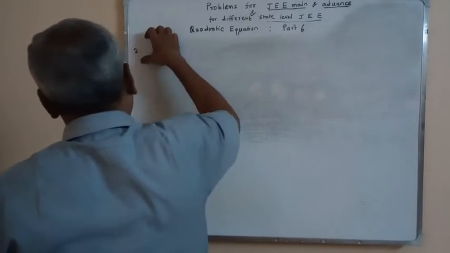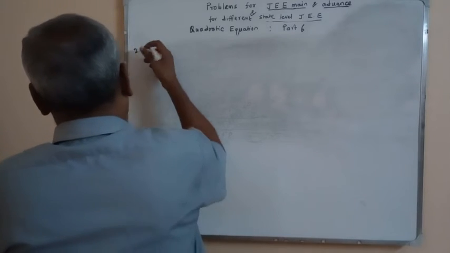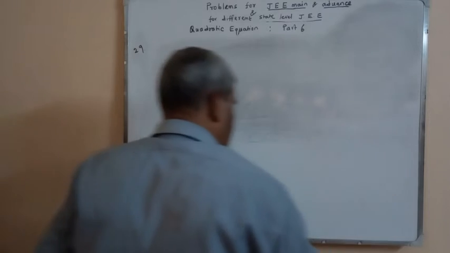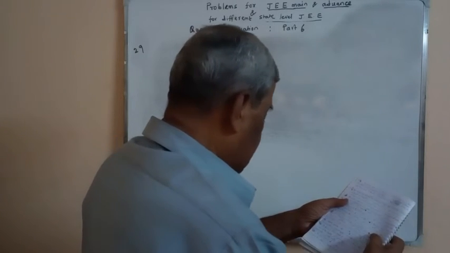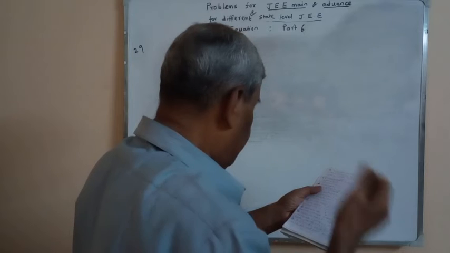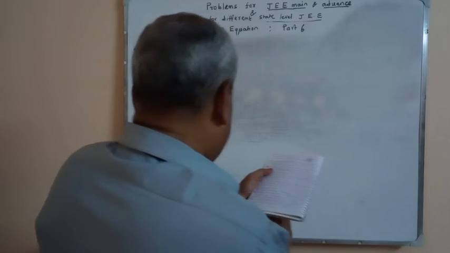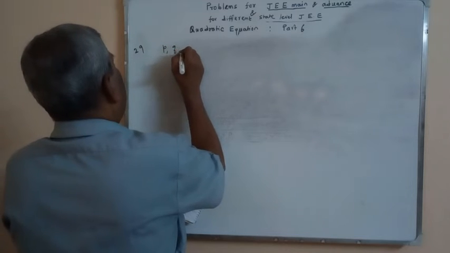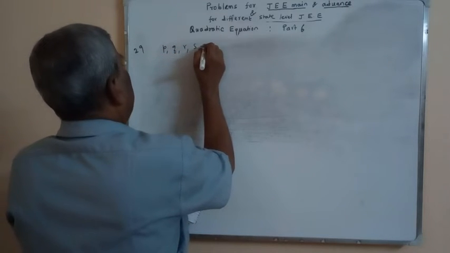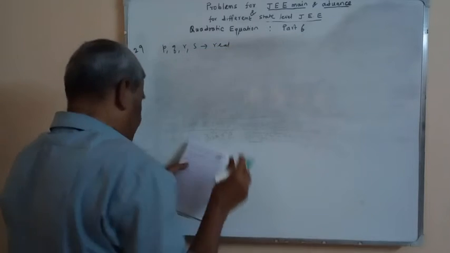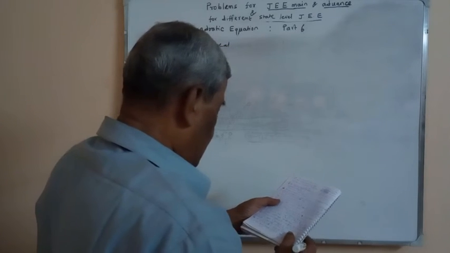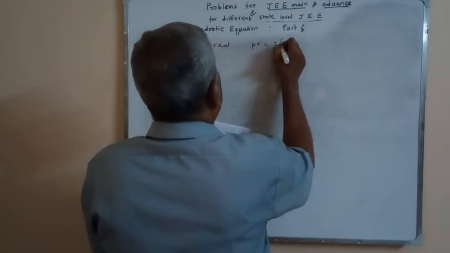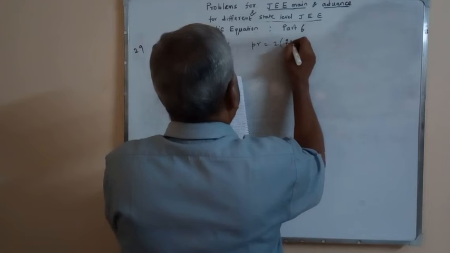Next, problem number 29. The 29th problem is: p, q, r, s are all real, and pr is equal to 2 times (q plus s).